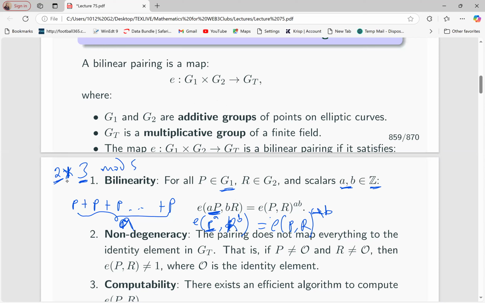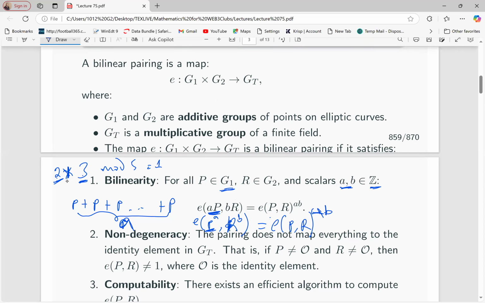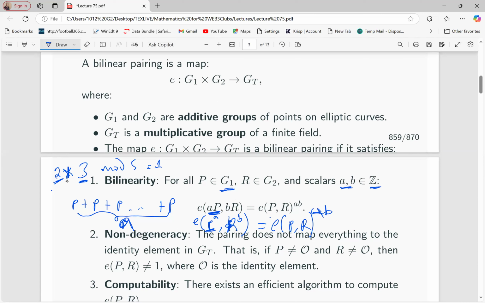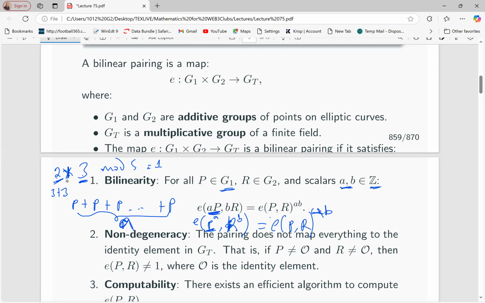Just an example, just to show you that these are equal. So if I say 2 times 3, this is just 6, which is 1. And it's the same as 3 plus 3. So you're adding it 2 times.